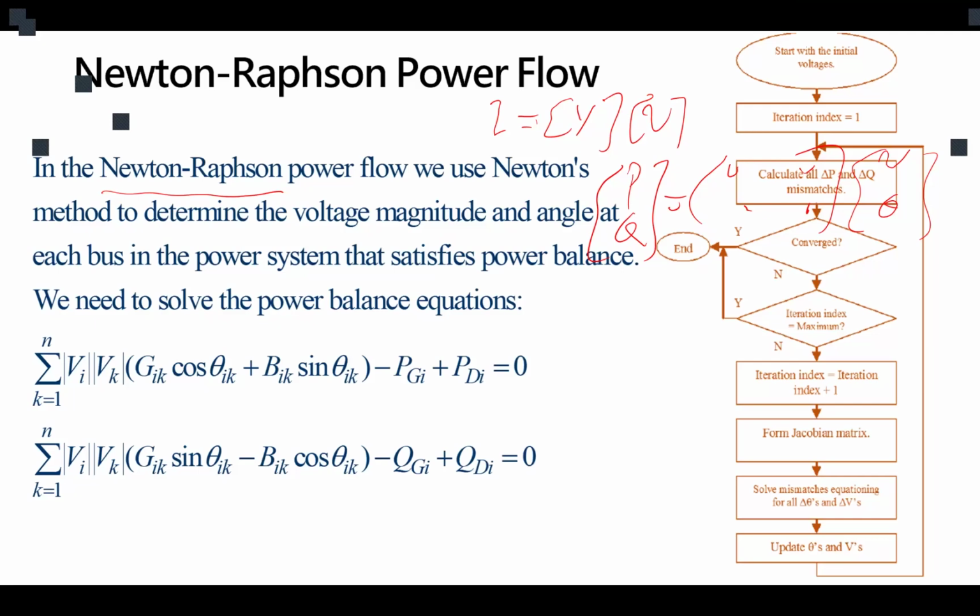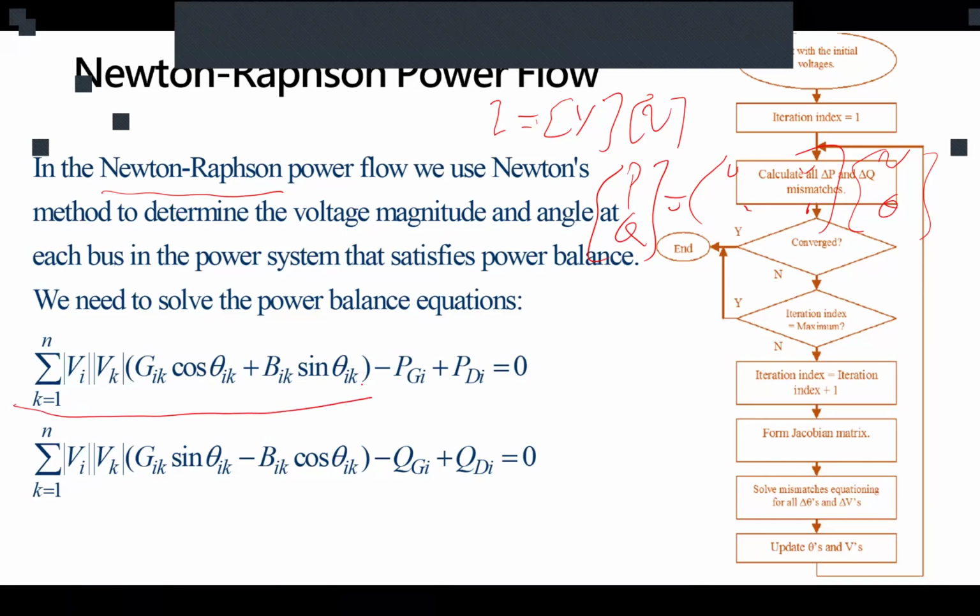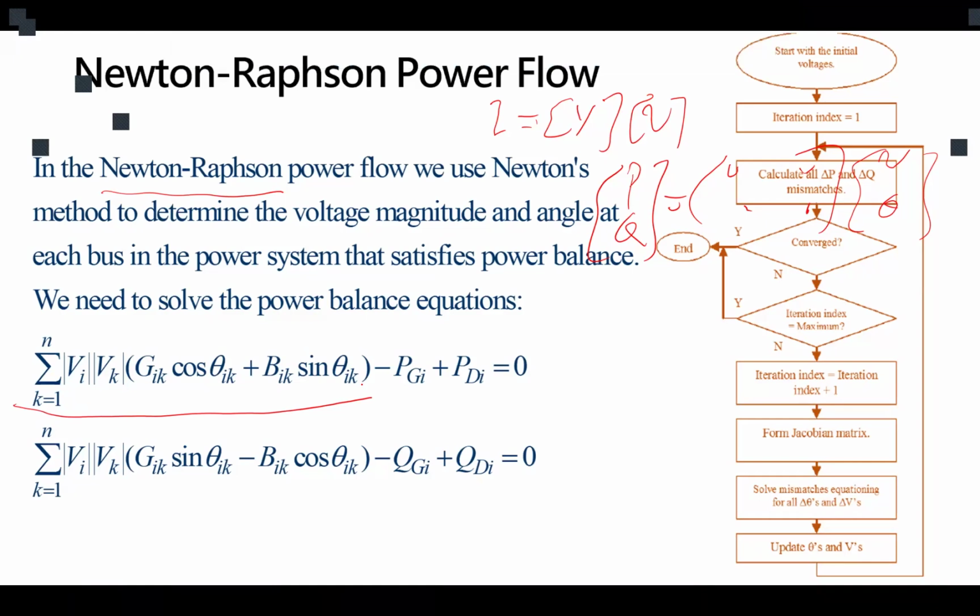What is the power balance rule? The power balance rule says the flow of power going outside of one bus or getting into one bus, so the transferring power for each bus, should be equal to the generation of that power on that bus and the demand that bus sees.